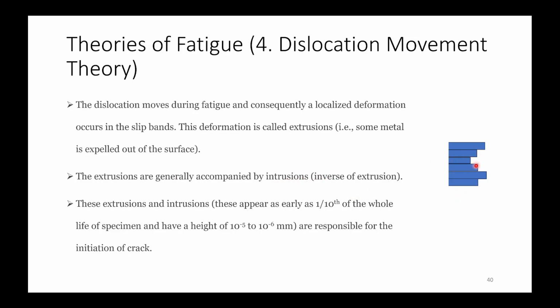These inverse extrusions will be seen as a notch or initiation of crack. These extrusions and intrusions appear as early as 1/10 of the whole life of the specimen, and have a height of 10 to the power minus 5 to 10 to the power minus 6 mm. These are responsible for the initiation of crack and further failure of material.